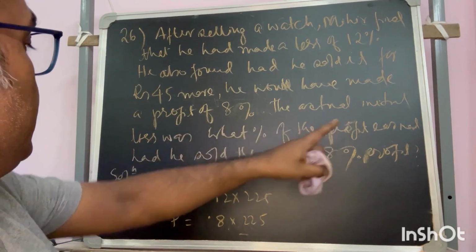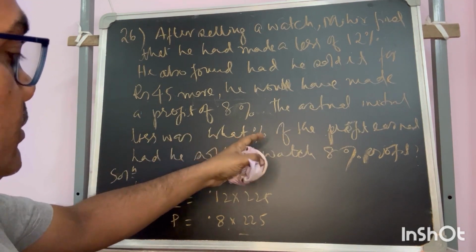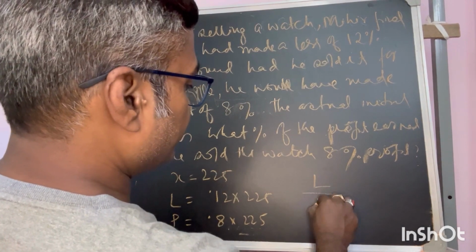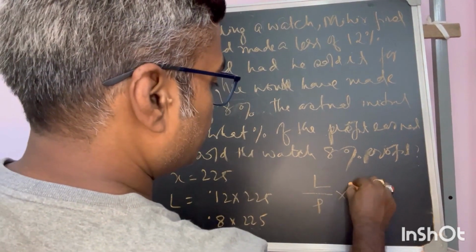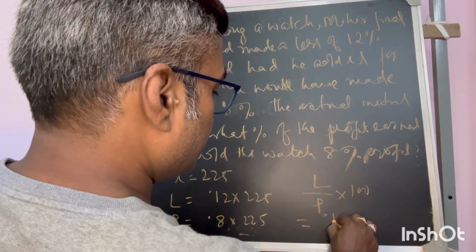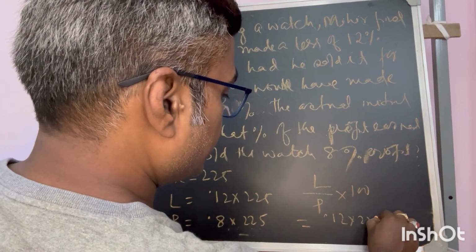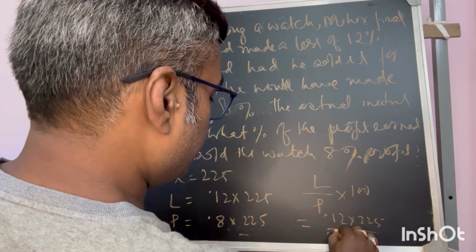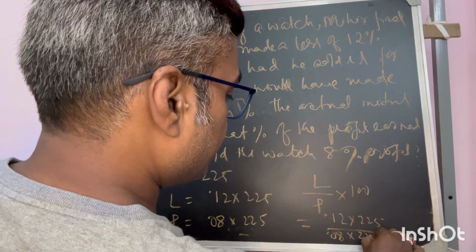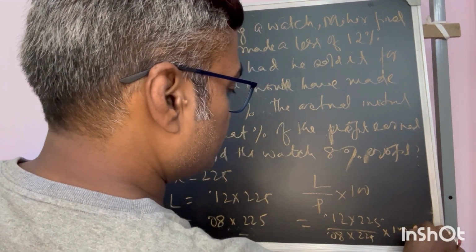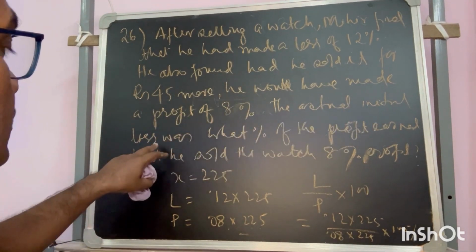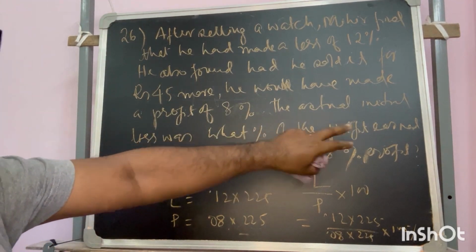Now the actual initial loss, what percent of the profit? So you have to calculate loss upon profit into 100. That is equal to loss 0.12 into 225, and profit is 0.08 into 225, into 100. This will be the percentage, because the actual initial loss was what percent of the profit.